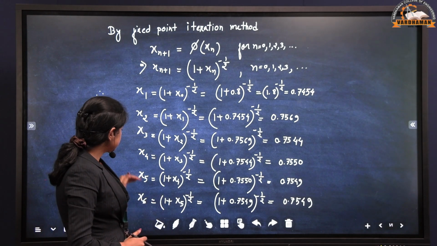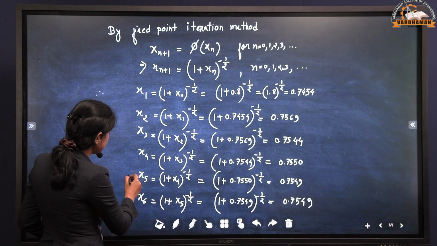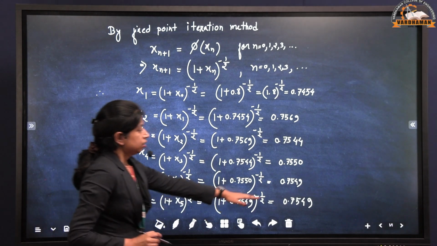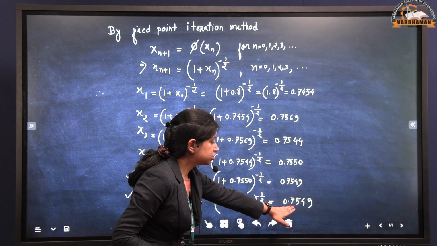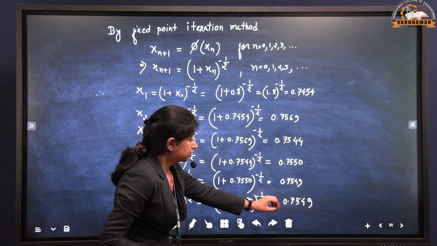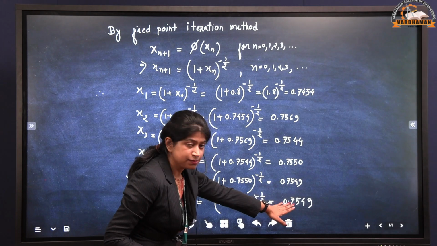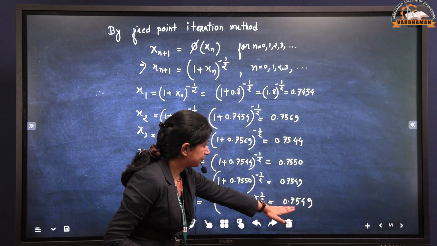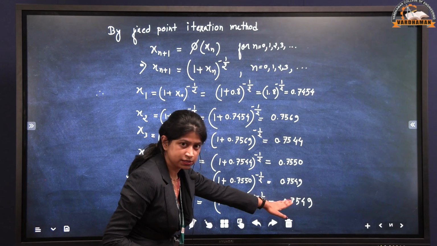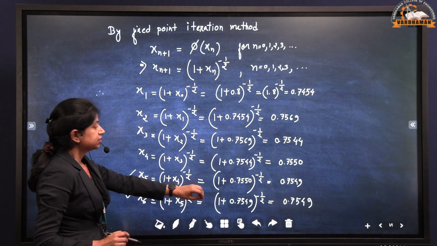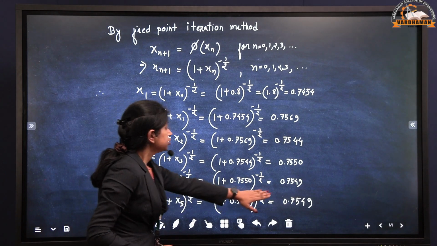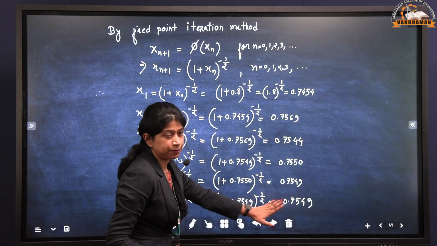So why did we stop at x6? Because if you look at x5 and x6, this is giving you 0.7549 and this is also 0.7549. Up to 3 decimal places it is the same, and up to 4 decimal places also it is the same. So we stop here and we can say that the approximate root is 0.7549.